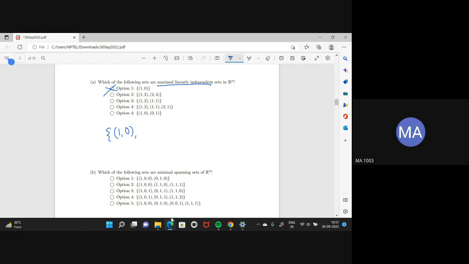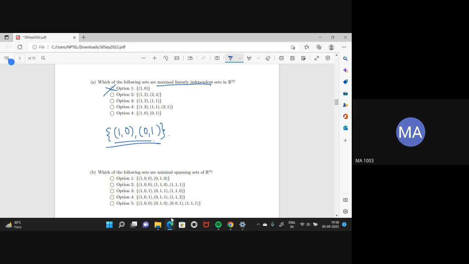But I can add one more vector and the set can still be linearly independent. That is why it is not maximal linearly independent. Maximal linearly independent means if I add one more vector, the set becomes dependent.